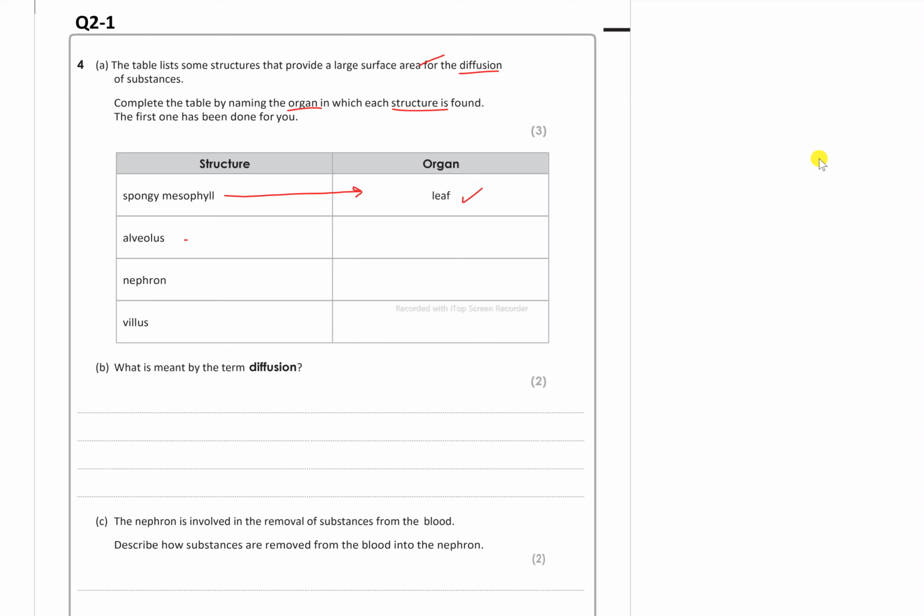The alveoli, or alveolus, is in the lungs. The nephron is in the kidney. And the villus, or villi, are in the intestine, the small intestine. Right, you have to put small intestine, not the large intestine.